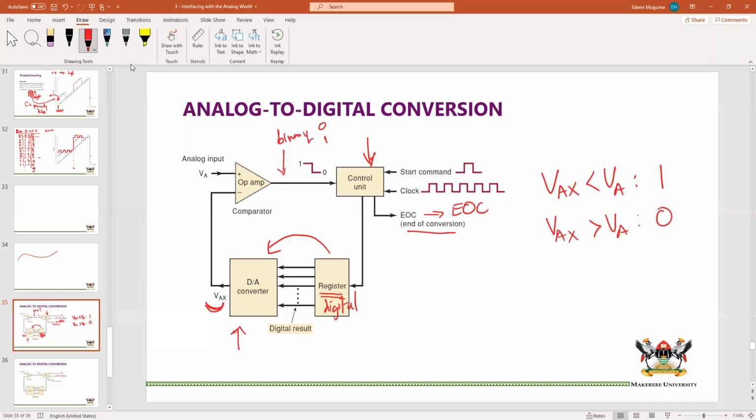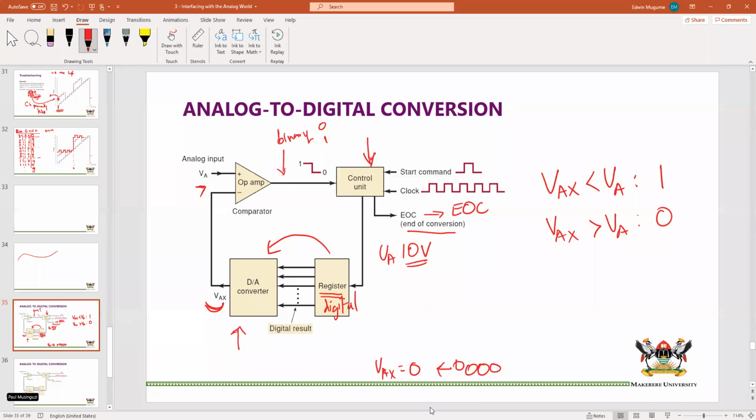In simple terms, let's say our analog input VA is 10 volts. When we start the conversion, we don't know what it is, so we start low. Our register has 0, 0, 0, 0, which means VAX will be 0.